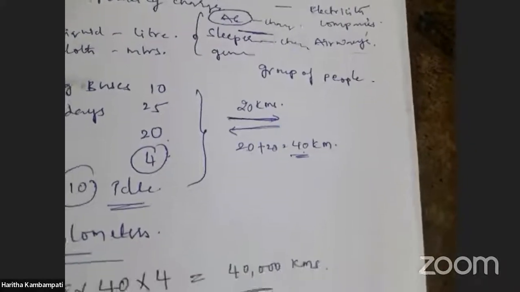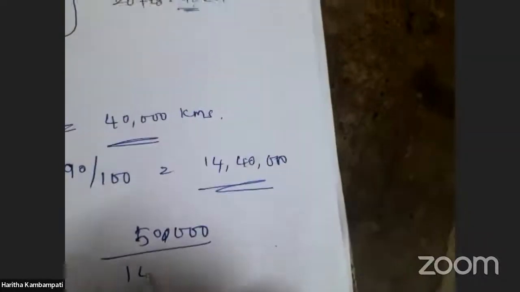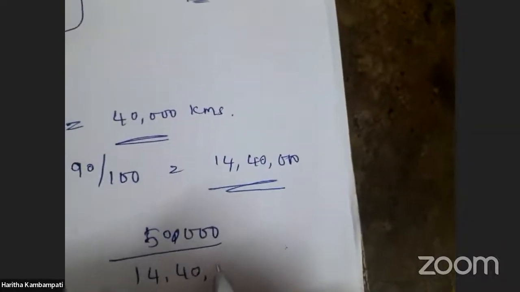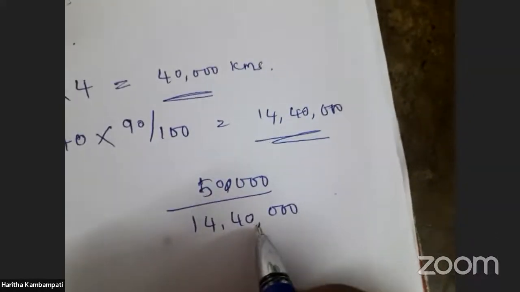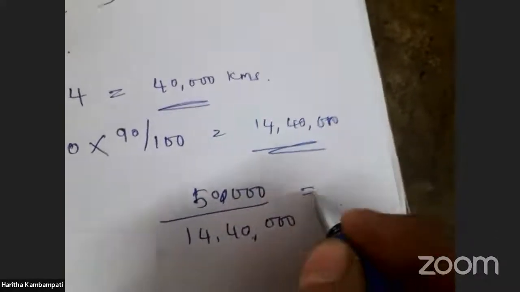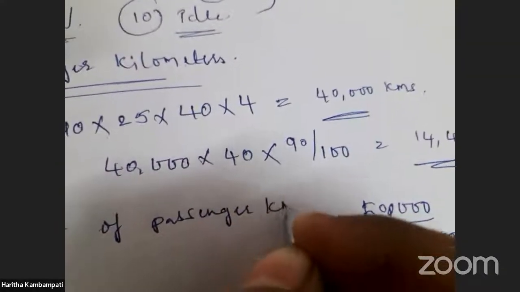In order to compute the cost for each passenger kilometer, we need to divide the total cost with the total passenger kilometers. Then you will get the cost of a passenger kilometer.